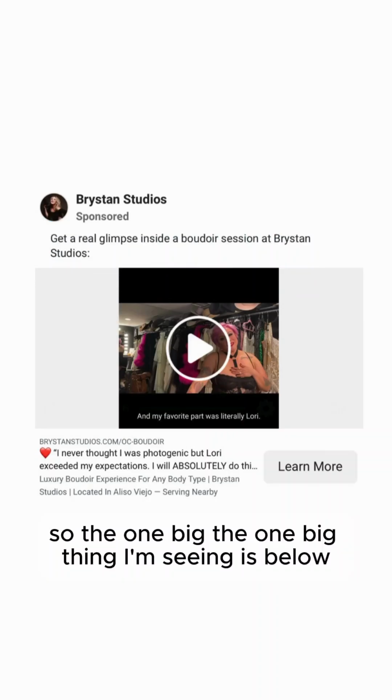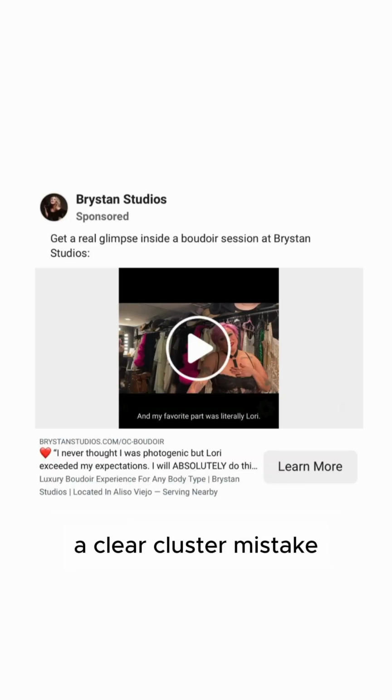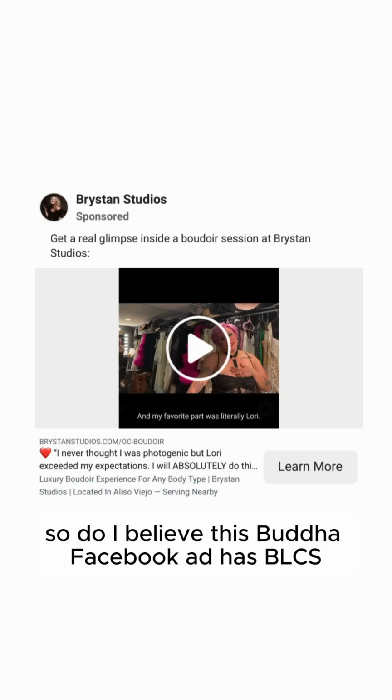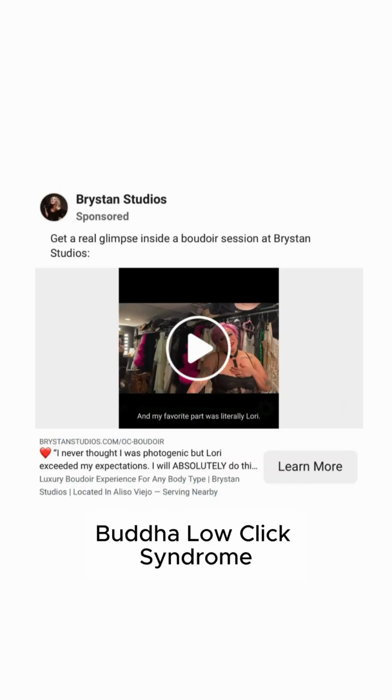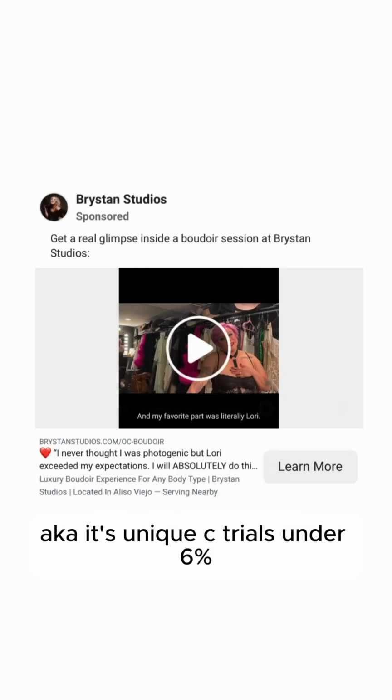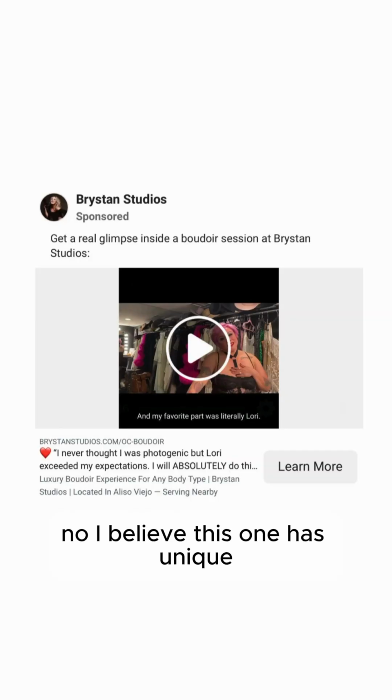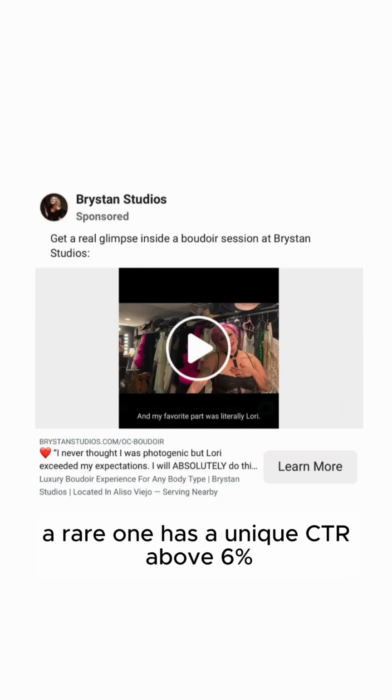So the one big thing I'm seeing is the below creative cluster mistake. So, do I believe this Boudoir Facebook ad has BLCS, Boudoir low click syndrome, aka its unique CTR is under 6%? No, I believe this one is a rare one that has a unique CTR above 6%.